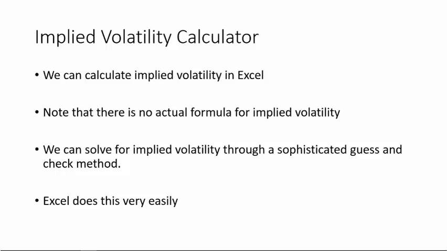So instead, the way we solve it is using a very sophisticated guess and check method. So how does this work? Well, we know that, for example, prices and volatility will move in the same direction, right? As price goes up, volatility goes up. So let's suppose the current option price is 5, and we want to work out the implied volatility.